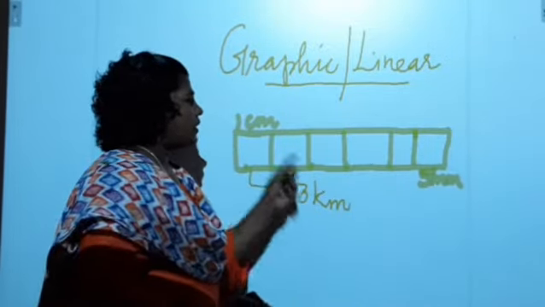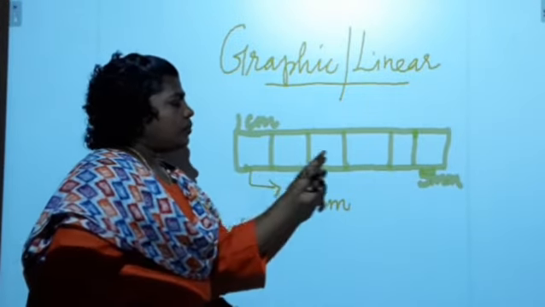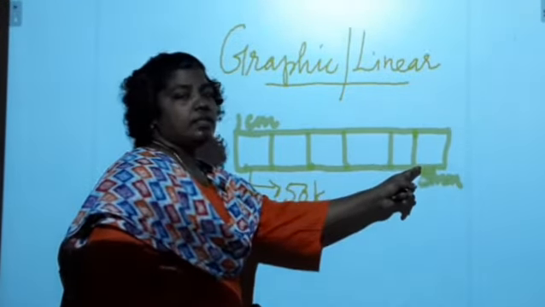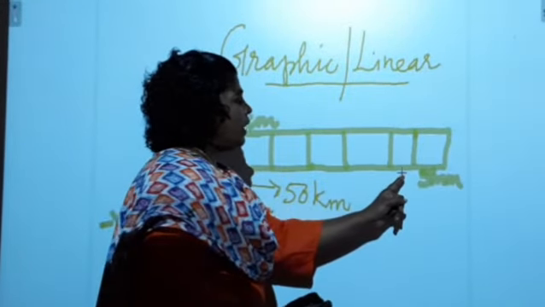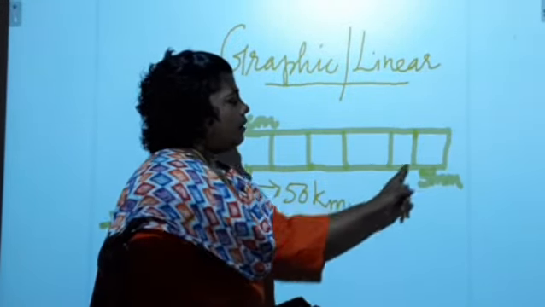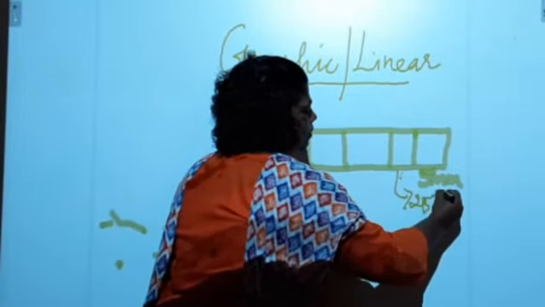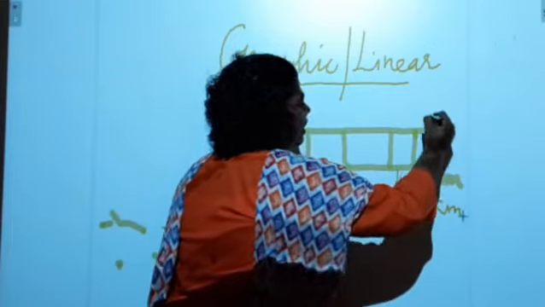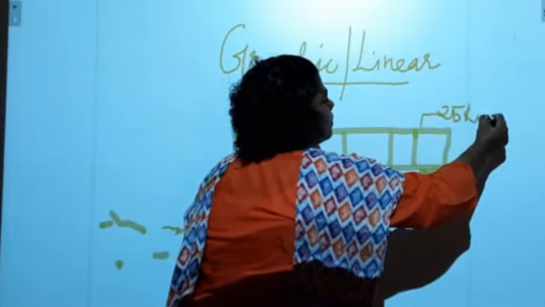Okay, when it comes to the fifth part, it is divided again into 2. So 25 kilometers. One part shows 25 kilometers, and another part also 25 kilometers.